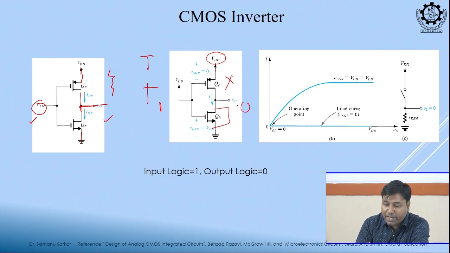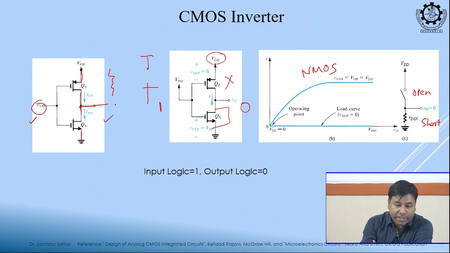So, this V0 will be 0. This is open, this is shorted, and this is the ID versus VDS of NMOS. Which MOS is on? NMOS. So, I draw ID versus VDS, which voltage? V0. Clear? This is case 1.